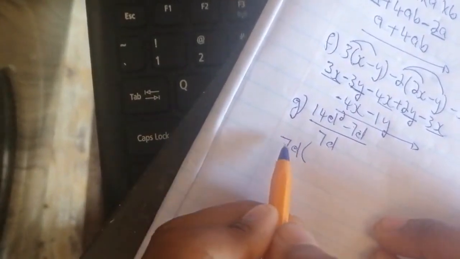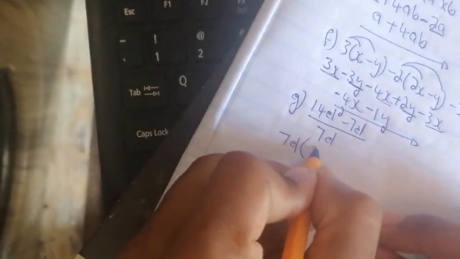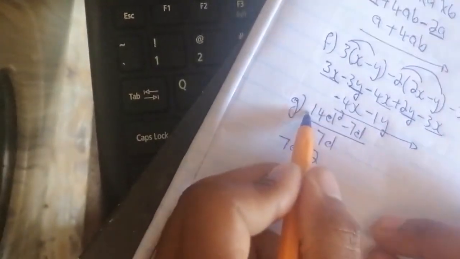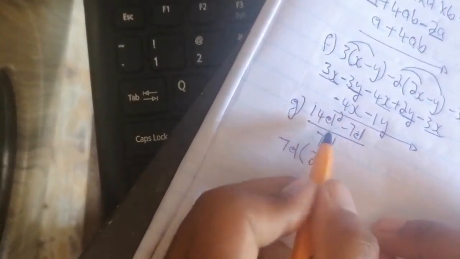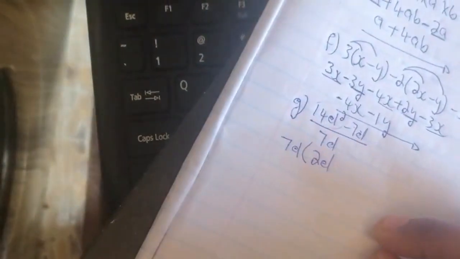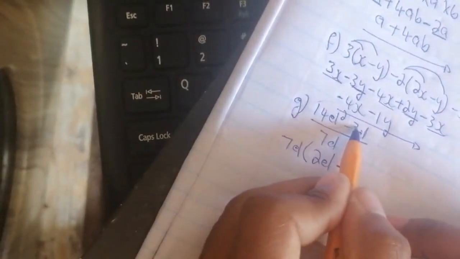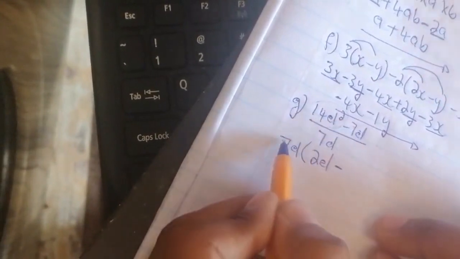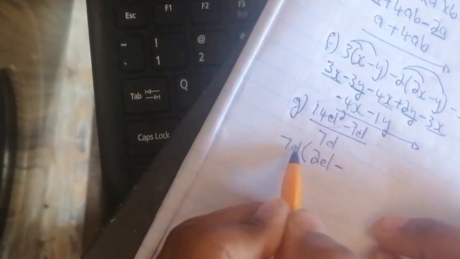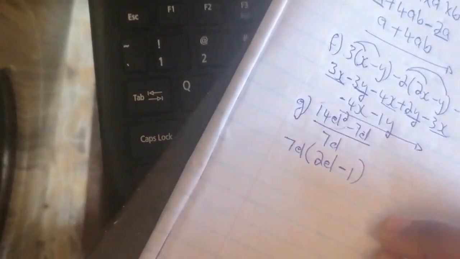And then you say, what number when I multiply by 7 will I get 14? That's 2. You took 1 d in here. There it is. How many d's are left? Just 1. Subtraction sign. You took 7 from this. There it is. You also took d. There it is. Because there's nothing left, you will always say there's a 1 that is left.